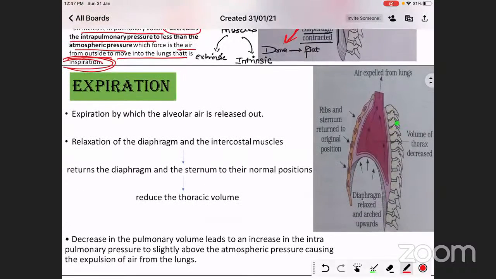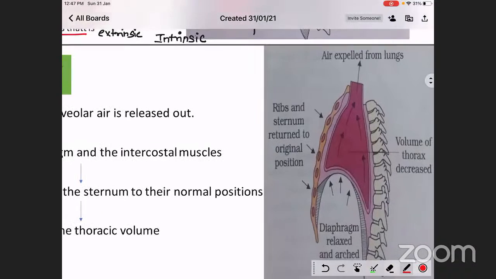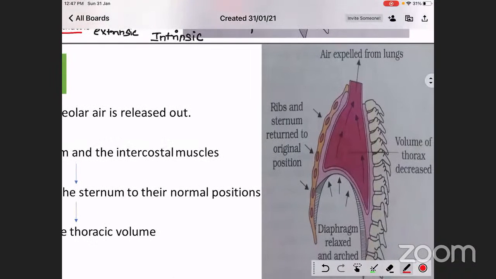If we go through the diagram, you can now appreciate what is happening. Air is expelled out from the lungs, but how? We know that the external intercostal muscles between the ribs have contracted and pulled the ribs and sternum away from the body, so the volume has increased.